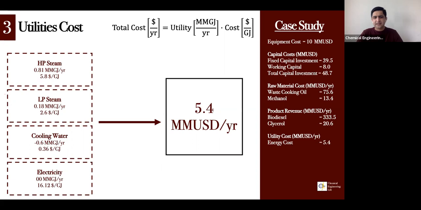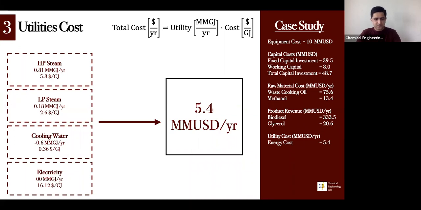And these prices might change depending on what source you're using. Like I found the source for high pressure steam to be $5.8 per gigajoule and so on. And when you are finding the prices, it is very important that you keep an eye on the units that you're working with.